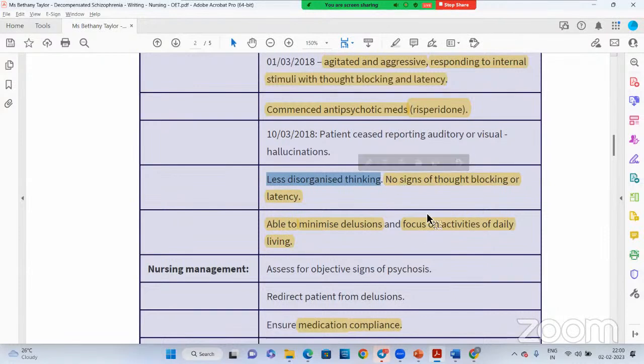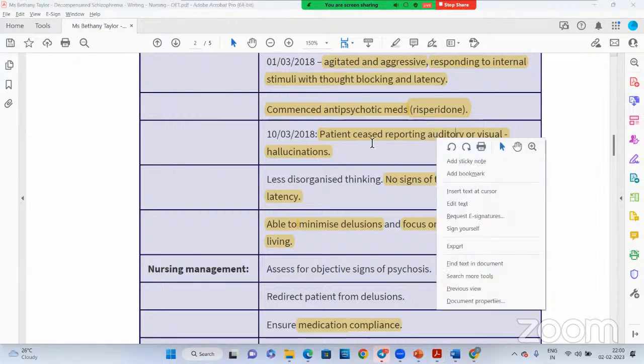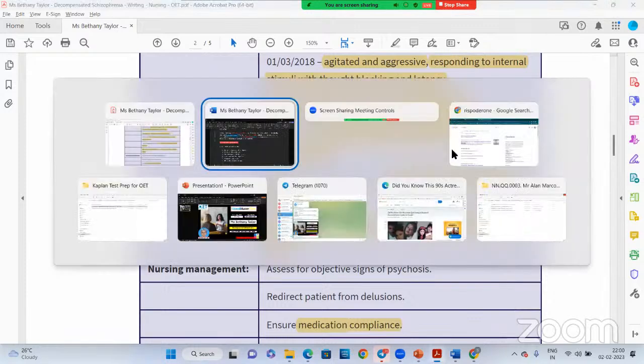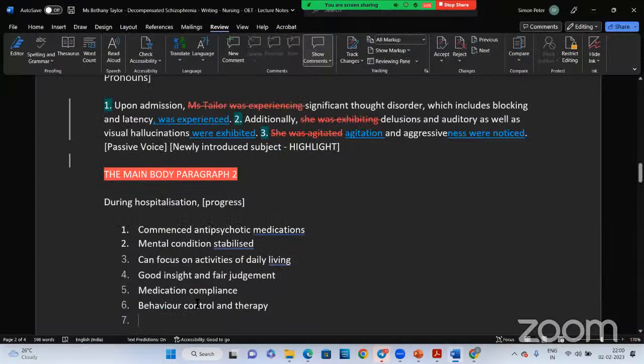Okay. So, 10/3/2018, patient ceased reporting auditory or visual hallucinations. This is totally stopped. Patient ceased reporting. That means stopped. There are no auditory hallucinations, no visual hallucinations.